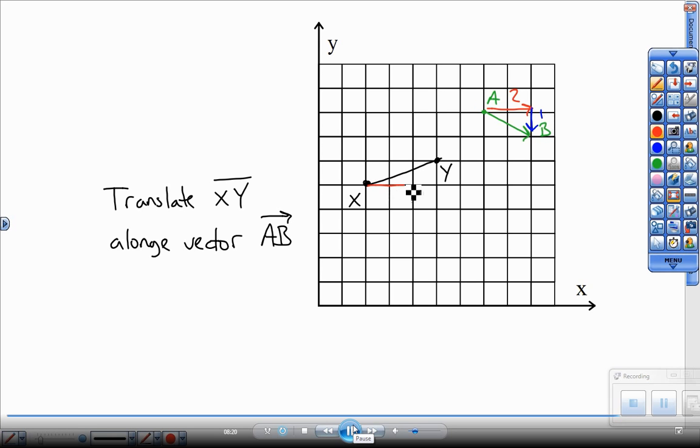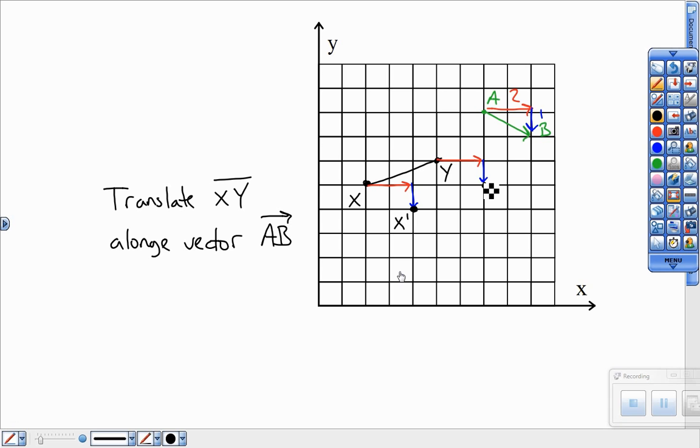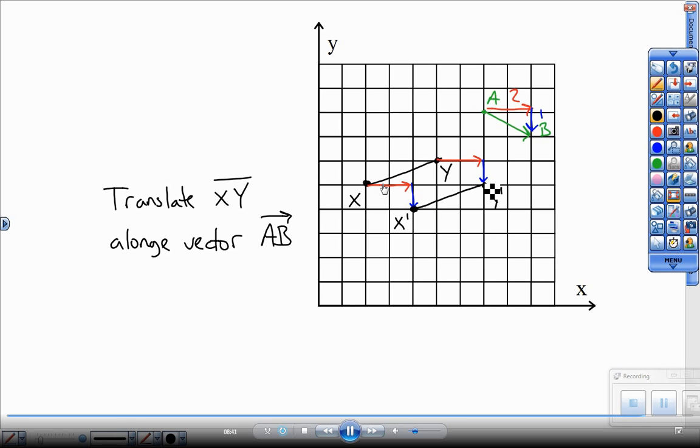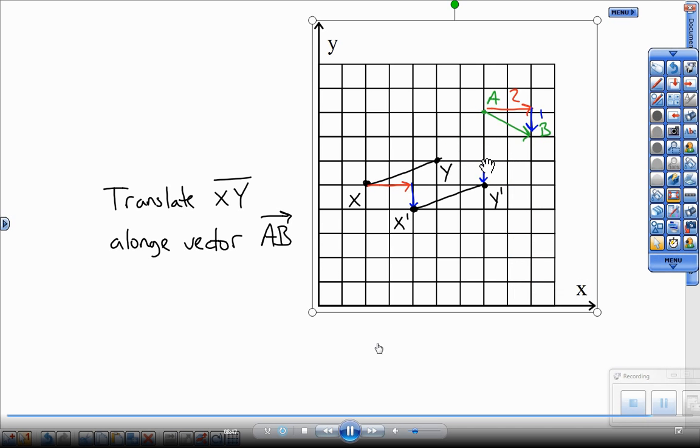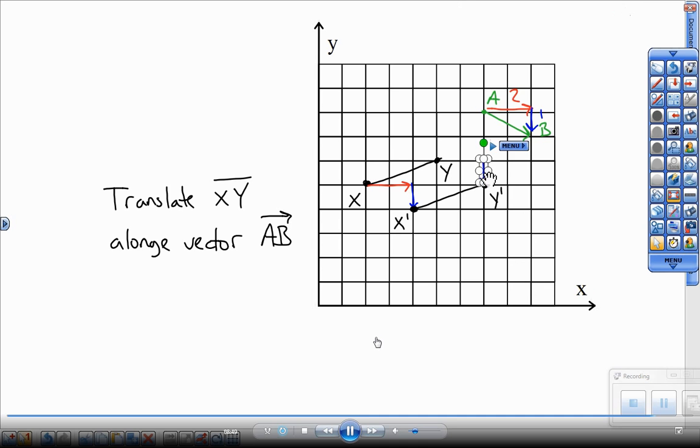So I go from X and do that same pattern, right 2, down 1, and that gives me the new X. And then same with the Y one, right 2, down 1, and that gives me the new Y. So again, translated right 2, down 1. I'm going to erase these to show it a little bit better.